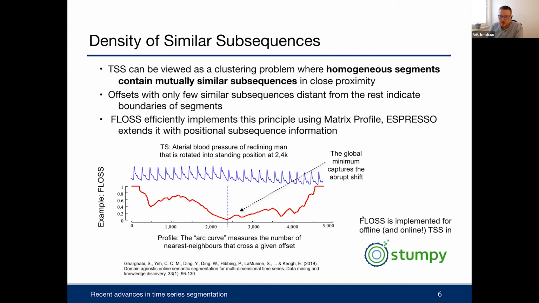That's implemented for two use cases: offline segmentation and also online time series segmentation, which is quite rare. I think FLOSS would also be a very nice extension to sktime, because it's one of the latest domain agnostic methods that performs quite well on recent benchmarks.